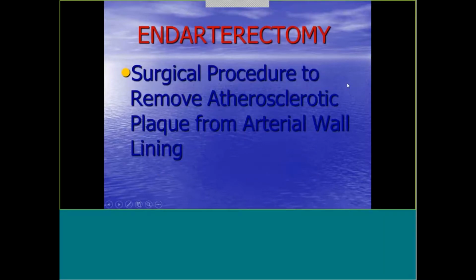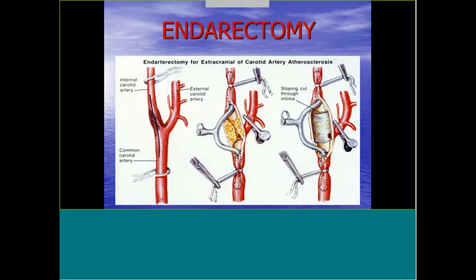So carotid endarterectomy is a surgical procedure. Well, endarterectomy per se is a surgical procedure to remove atherosclerotic plaque from an arterial wall lining. During an endarterectomy, this is showing you, and I hope you can all see my little pointer here, what they do.